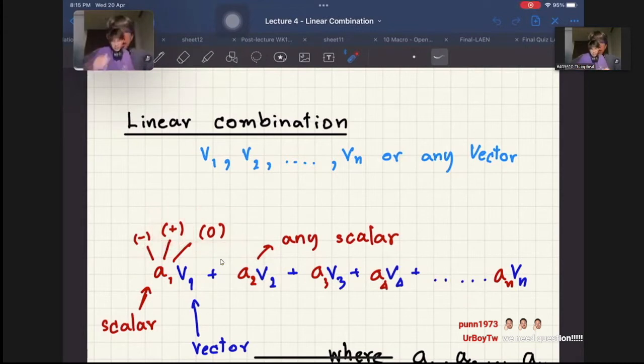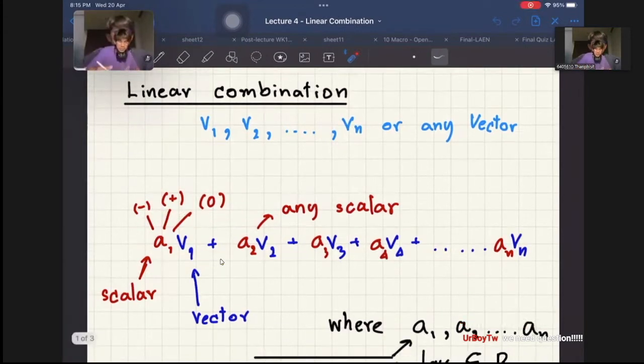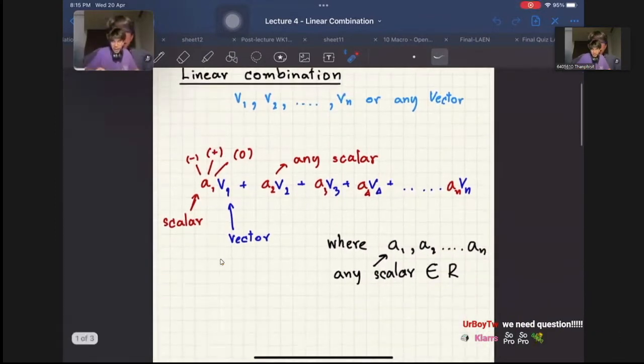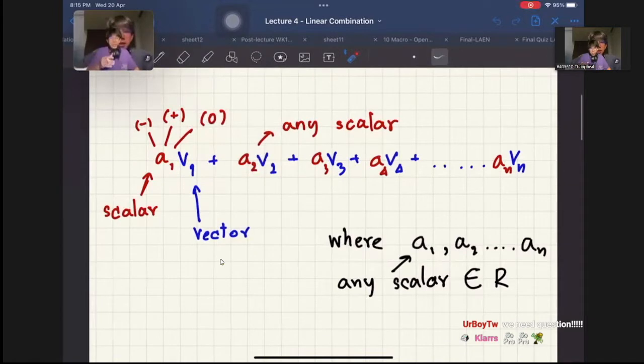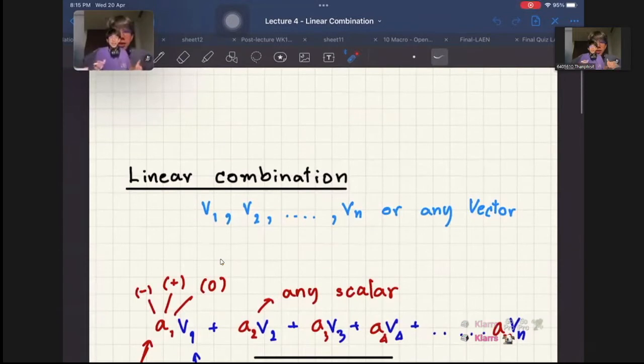As you can see, the linear combination is the vector multiplied by the scalar, where the scalar that you multiply with has to be a subset of the real numbers. Okay, this is the definition of linear combination.